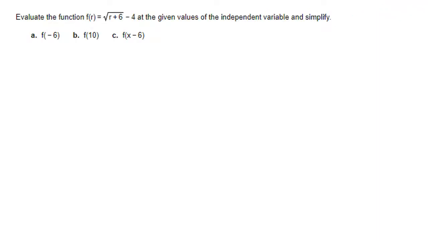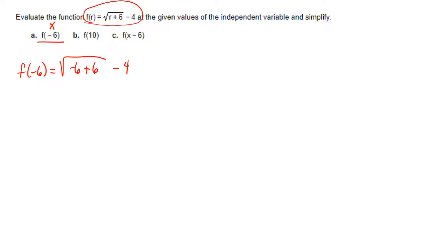Now let's try one of these from the homework and try evaluating with the function notation. This one is in 3 parts. First, I will let the x value or the input be -6. Well, in reality, there's no x. It's really the variable r. So f of -6 would mean I take the -6 and I substitute it in place of that variable r.